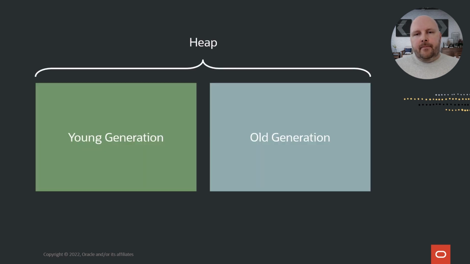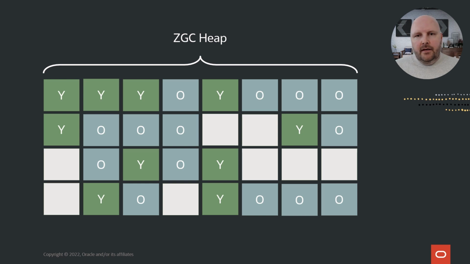So I said that the generational GC typically divides the heap into a young and an old generation, but this is not quite what it looks like under the hood if you have a region-based GC like ZGC. G1 is another example where it would look something like this. So you have a bunch of different heap regions.